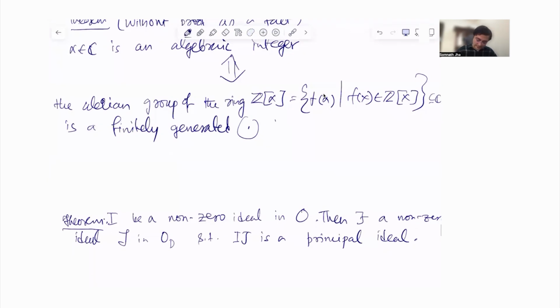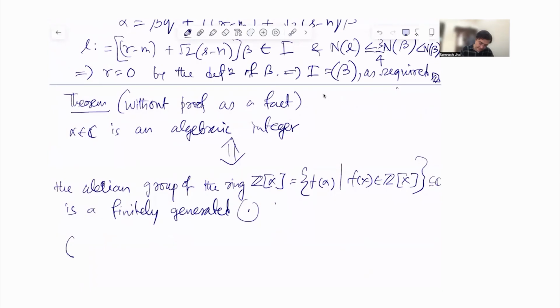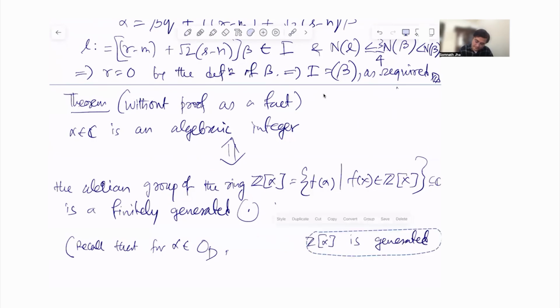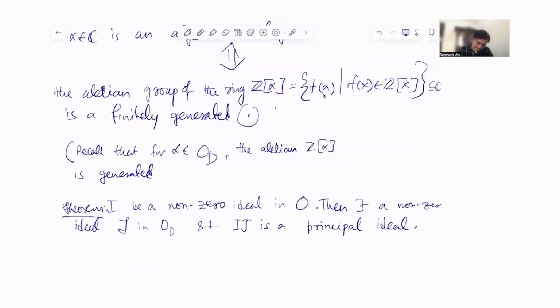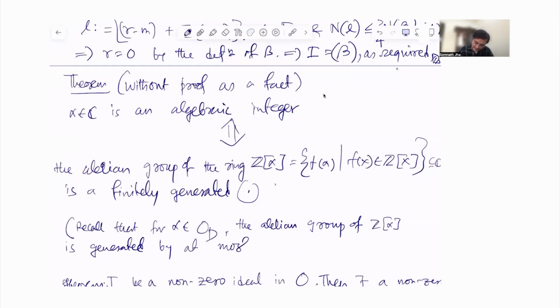So recall that for alpha belonging to O_D, Z[alpha] is the abelian group generated by at most two elements.